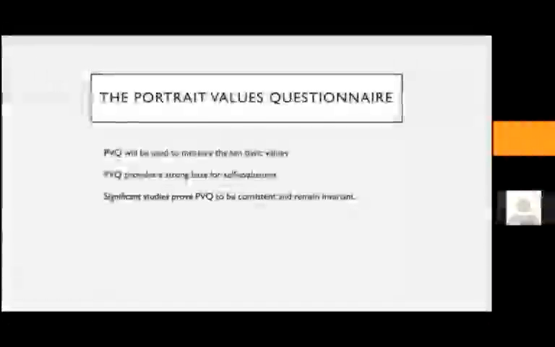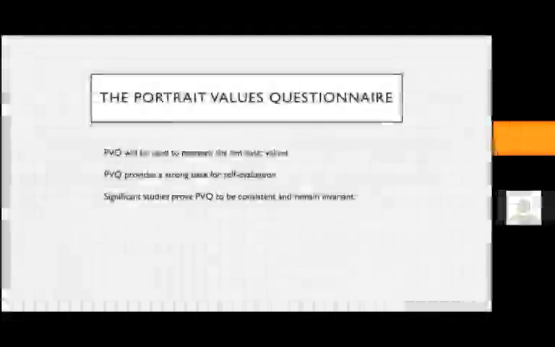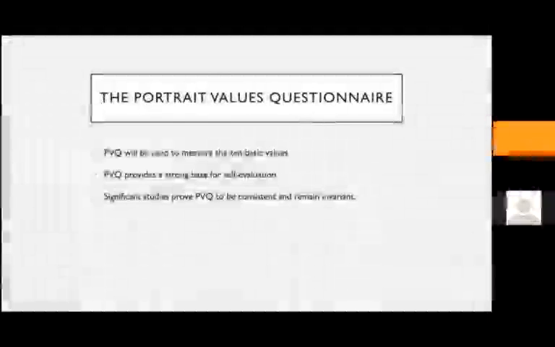So we get to see where their values are, what they value more. With their results, we can compare to see maybe if an individual is more valued towards what they can achieve, their achievement and power. Maybe those are their basic values, achievement and power.